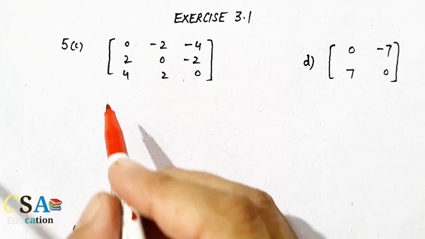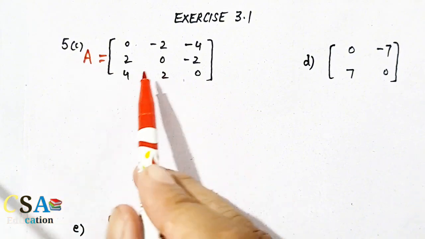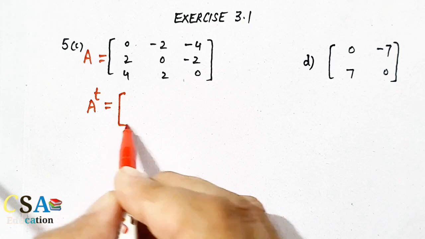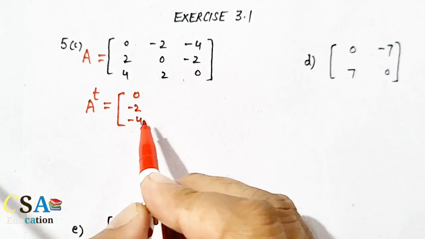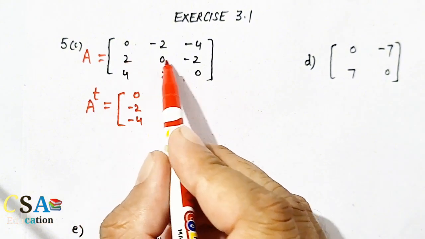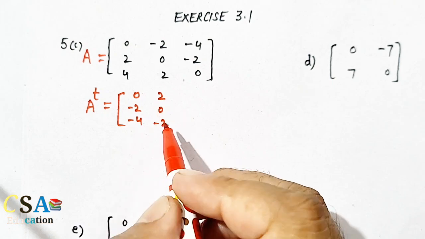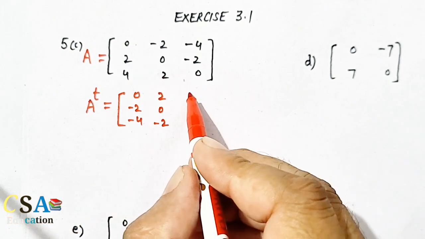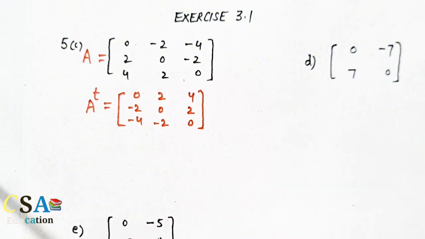Now the third part. Let it be A. We have to take its transpose. A transpose is equal to 0, minus 2, minus 4. The first row is converted into first column. The second row, 2, 0, minus 2, is now the second column. And the third row is 4, 2, 0, which is now the third column.